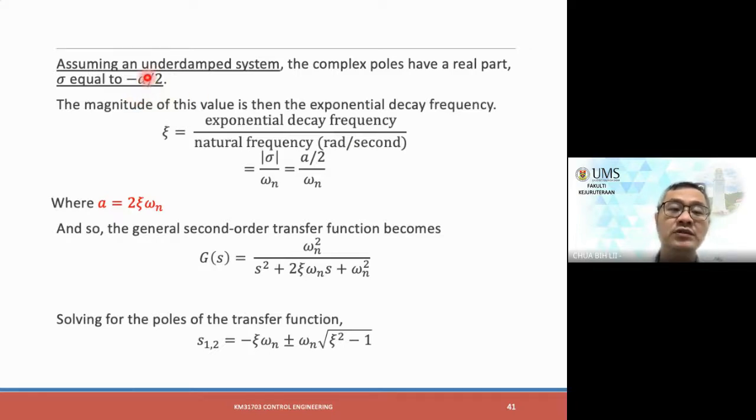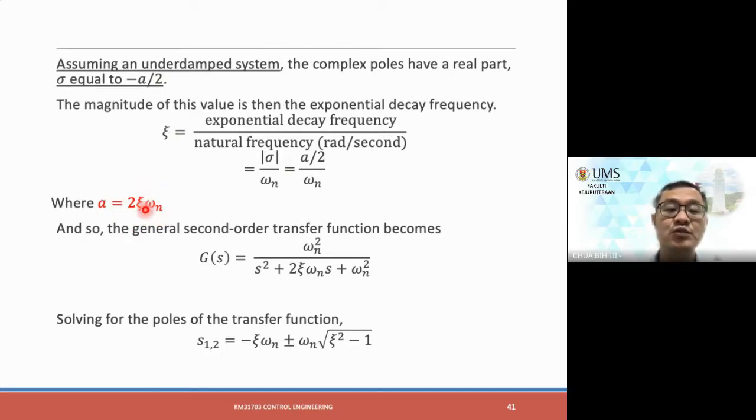Eventually we get a divided by 2, and from there we would note that the damping ratio is equal to a divided by 2 divided by the natural frequency, meaning that a is equal to 2 times the damping ratio multiplied by the natural frequency.